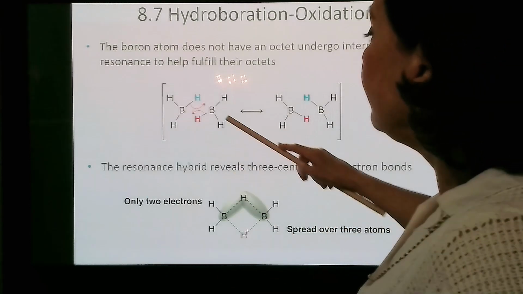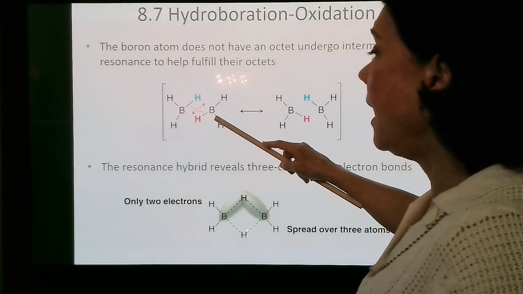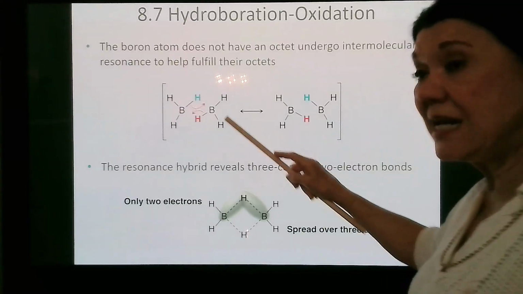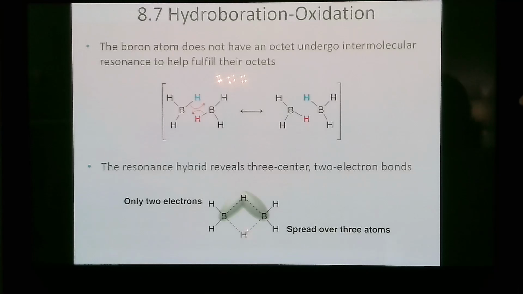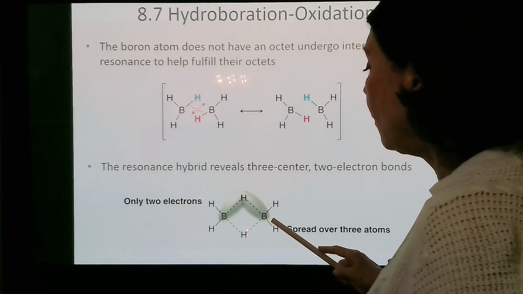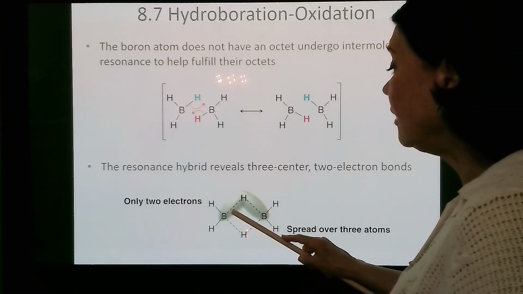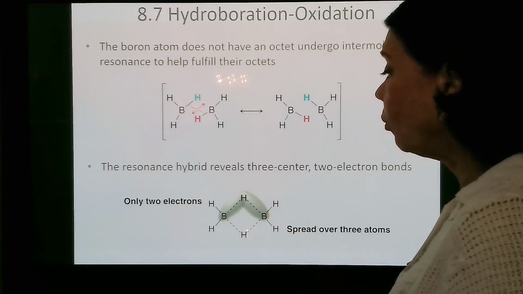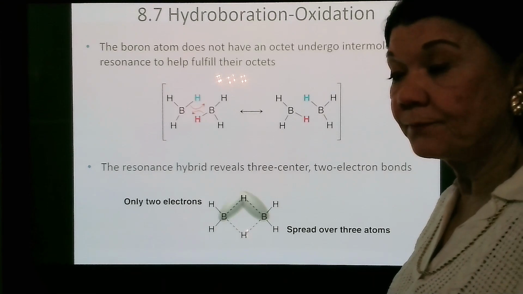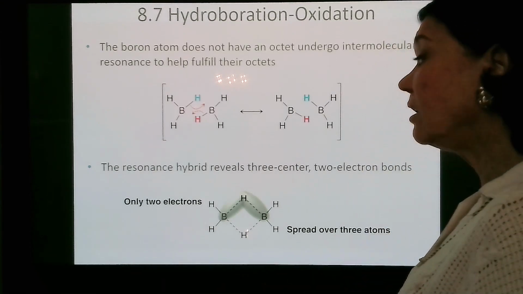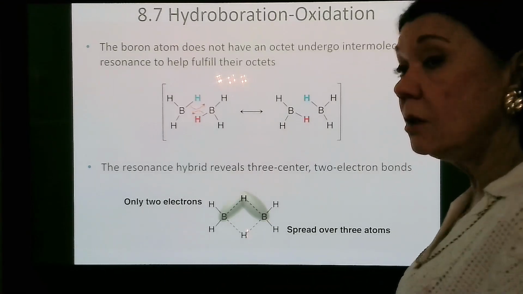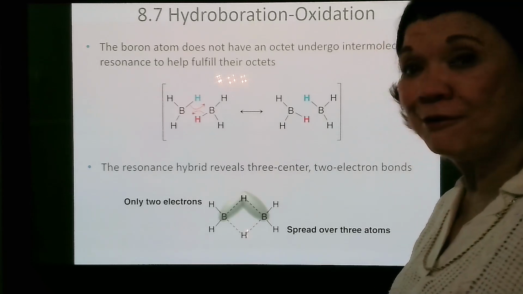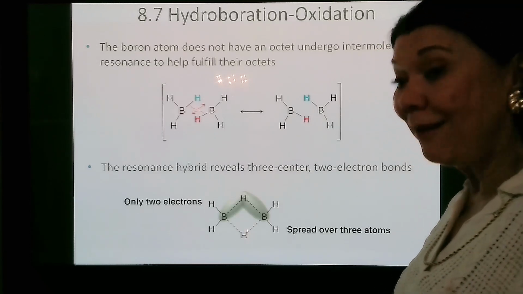So here, the actual form that boron takes when it reacts is as diborane. So it's actually B2H6, and these are very unusual orbitals. It is a three-centered orbital with 2 electrons in it. You would not want to draw that in a whole lot of different molecules.